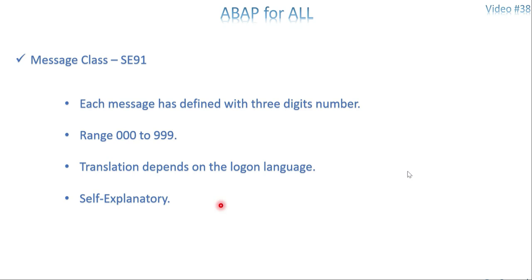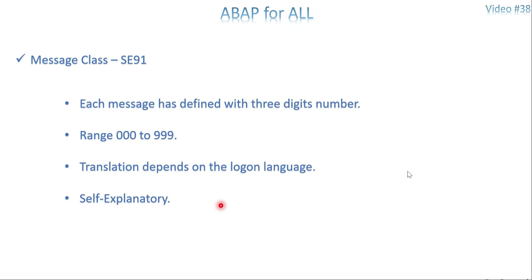Whatever message you maintain in SE91, if it is good enough for the user to understand what happened or what the next step is, then you don't have to worry about the self-explanatory option. But if you think the message you are sending is not enough, then you use this option. Self-explanatory is nothing but F1. Normally you press F1, right? In the same way, in the message box you have a help button.